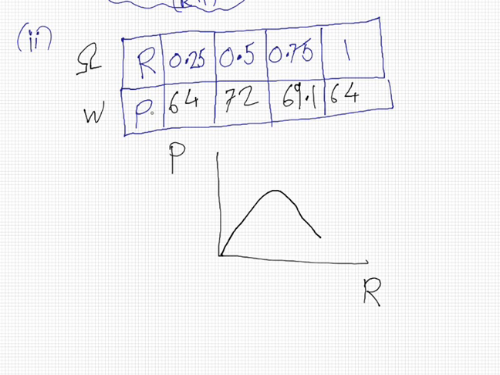And if you put in a big resistor, so like a big light bulb, how much power do you get? 64. So if you put in a medium-sized light bulb, how much power do you get? 72. So which light bulb would be the brightest? Which will have the most light? The medium one, wouldn't it? So this makes you think, you put in a small light bulb, it's not so bright.